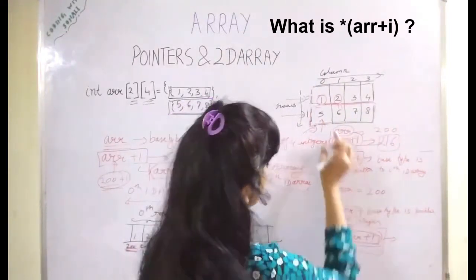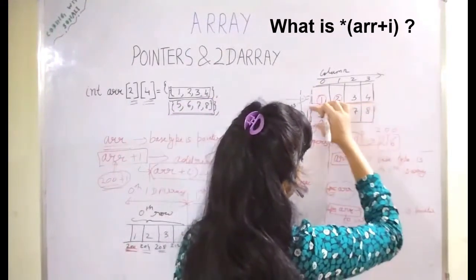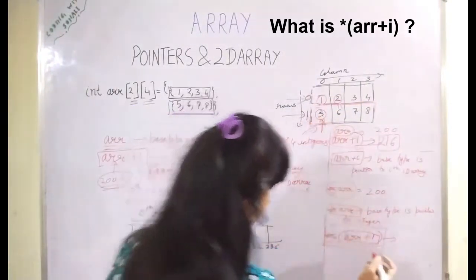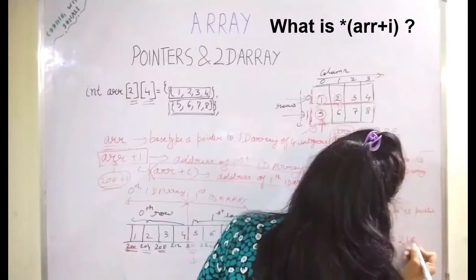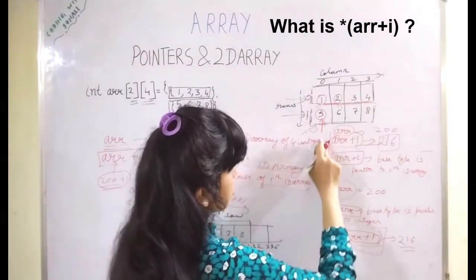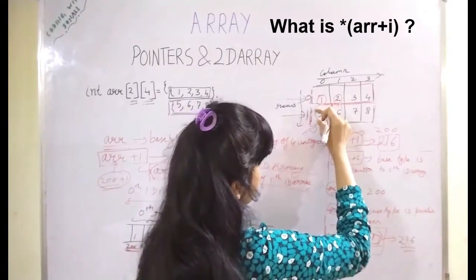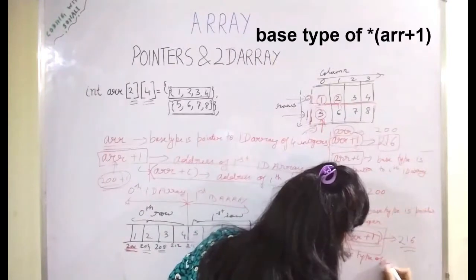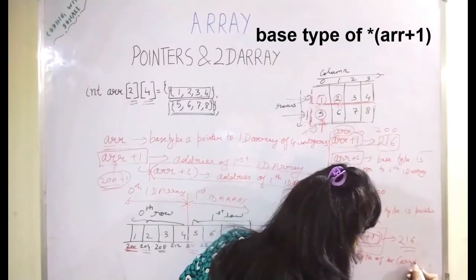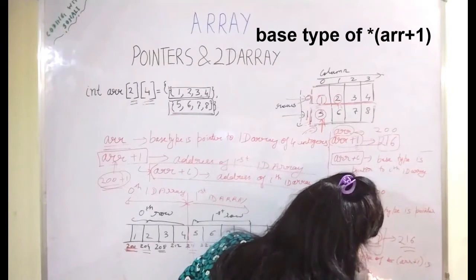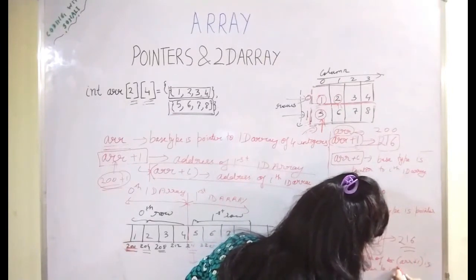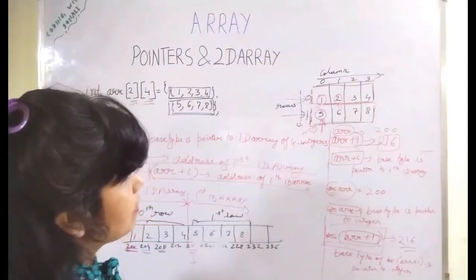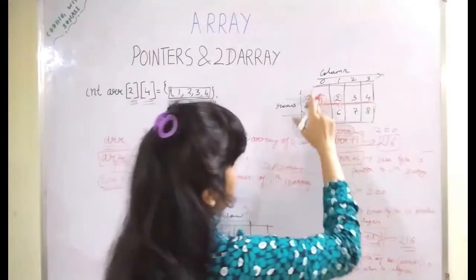Since ARR plus 1 gives you the address of this 1D array, the address of this element you will get is 216, since it has the address of the 0th element of the 1D array. Therefore the base type of star of ARR plus 1 is pointer to integer. These concepts are very important, so that ahead we will write a program and see how to access the array elements.